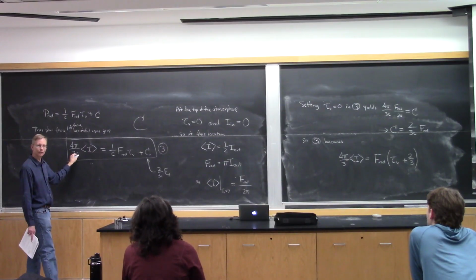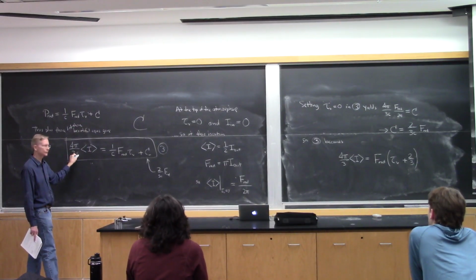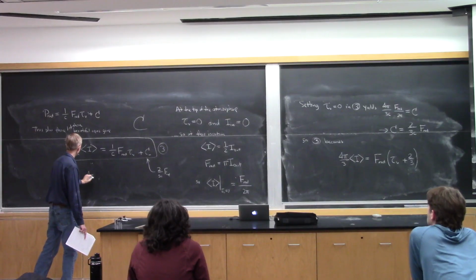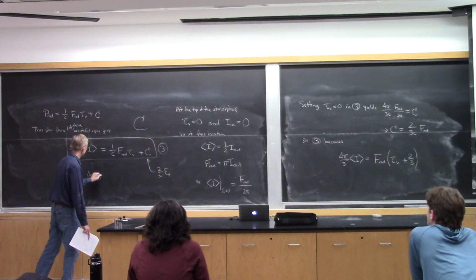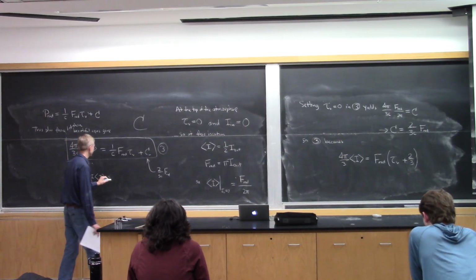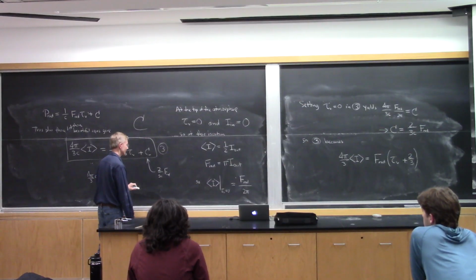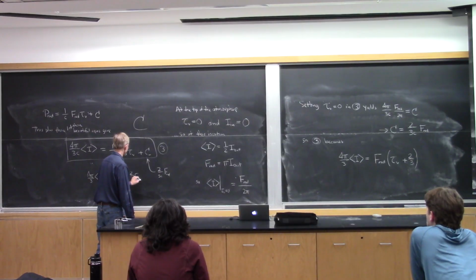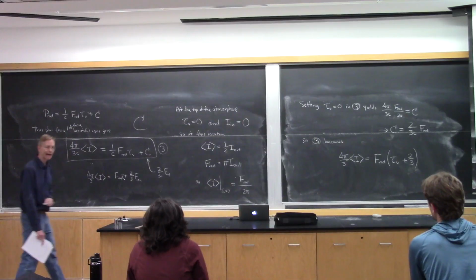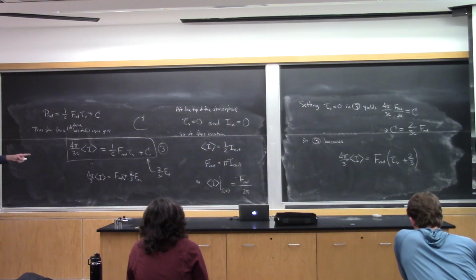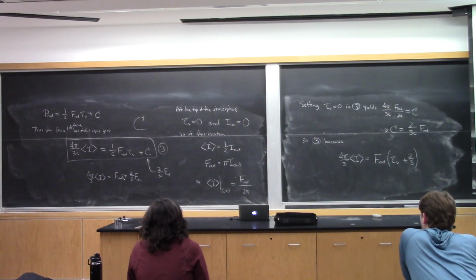So I can cancel the speed of light, so 4 pi over 3 mean intensity is F_rad tau_V plus 2/3 F_rad, which I factor as F_rad times tau_V plus 2/3. So that's the logic there.